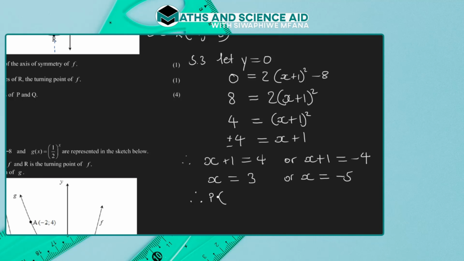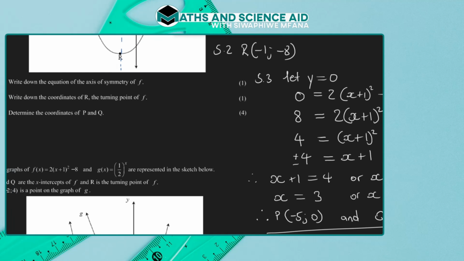So the coordinates of P here are going to be the one that has the negative value of x, which is -5 and 0, because in the x-intercept the y value is 0. And for Q, it will therefore be 3 and 0. And so that's the solution for 5.3.